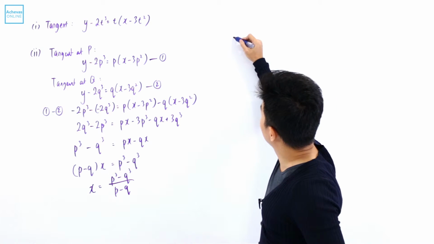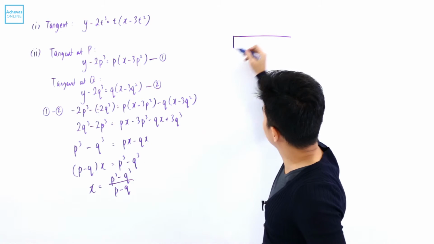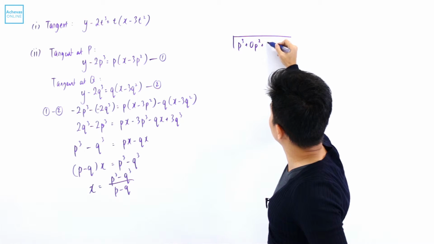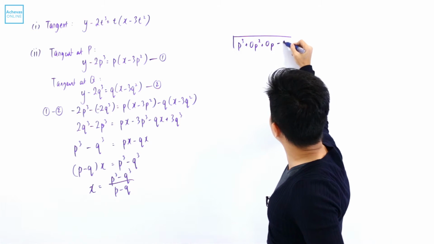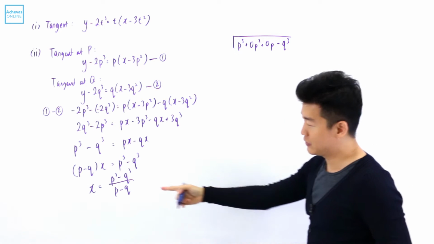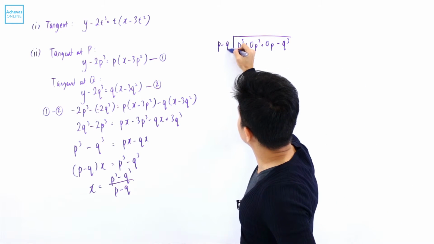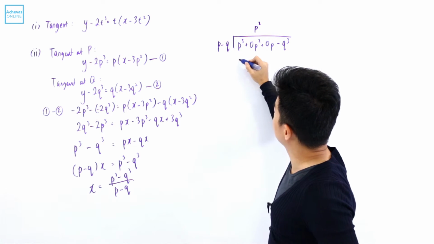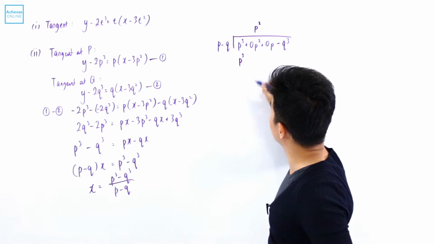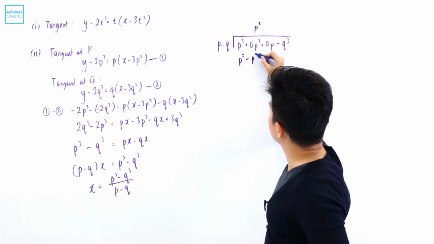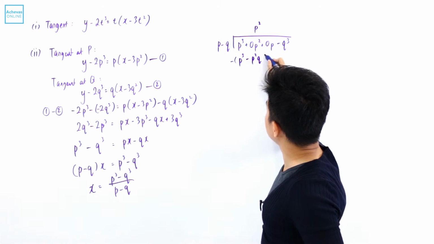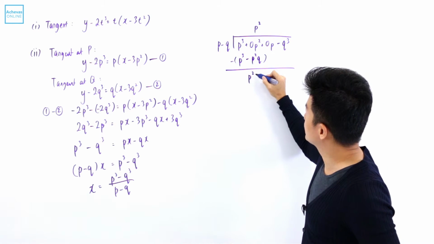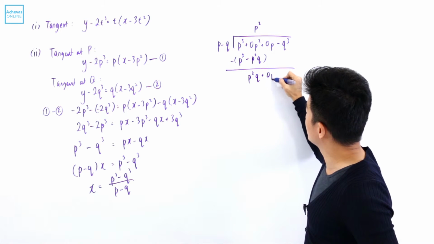Let's do a long division for this. If I were to divide the numerator, p to the power of 3 plus 0p squared plus 0p minus q to the power of 3, by p minus q. Here I'm going to multiply by p squared. Multiplying this, it is p to the power of 3 minus p squared q. What I have here is going to be a p squared q plus 0p.